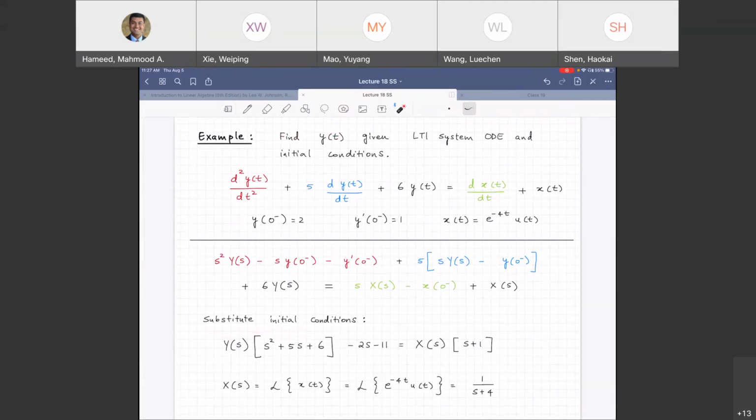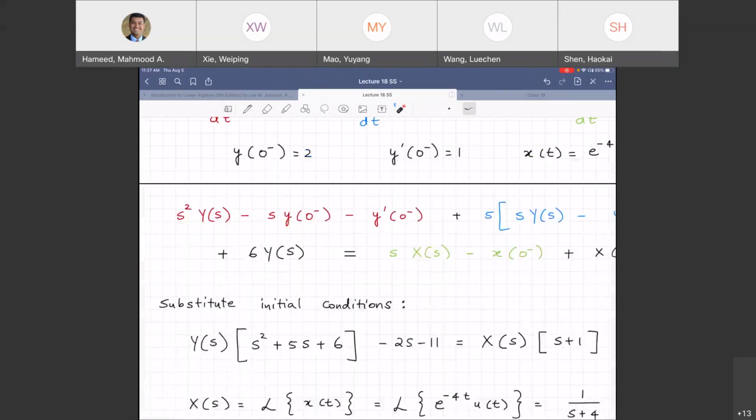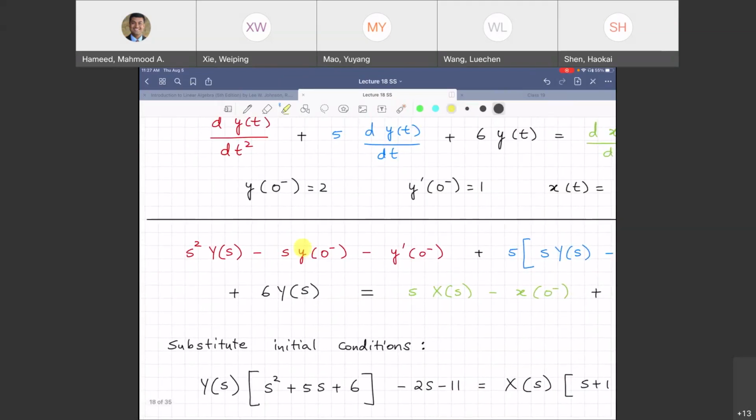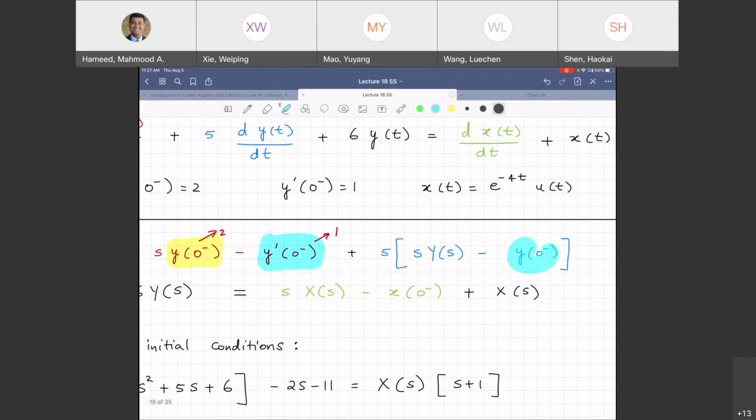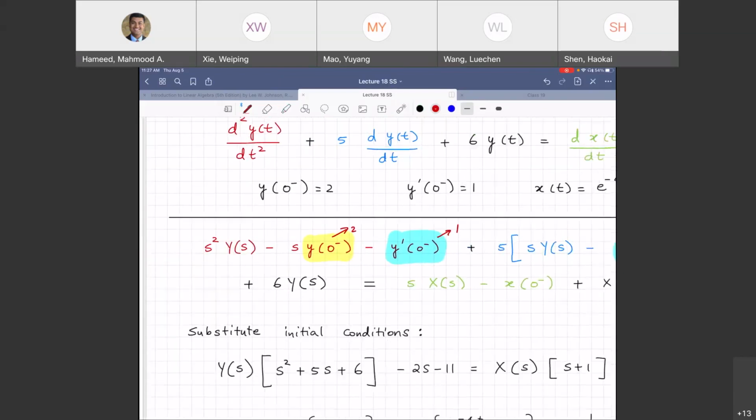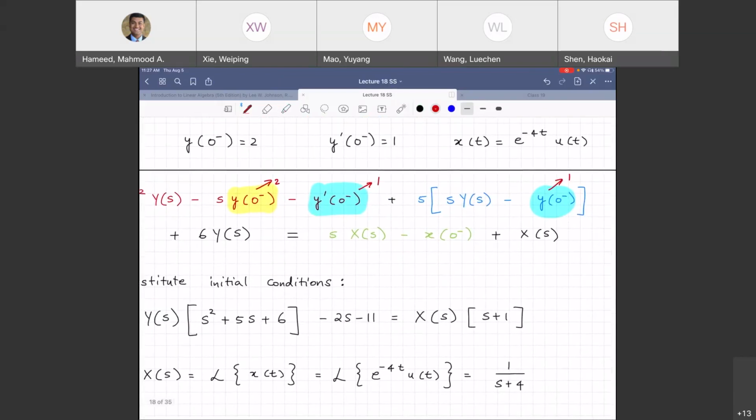Substitute the initial conditions. What do you have? You have y of s. Y of 0 is given to me as 2. Next, this one is a 1. Substitute that. This one again is a 1, and then this is a 1.